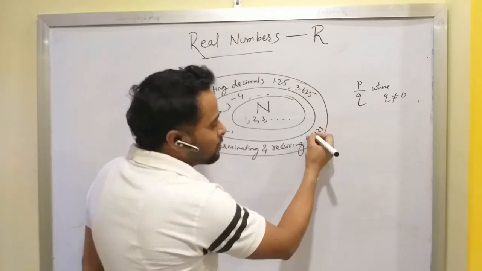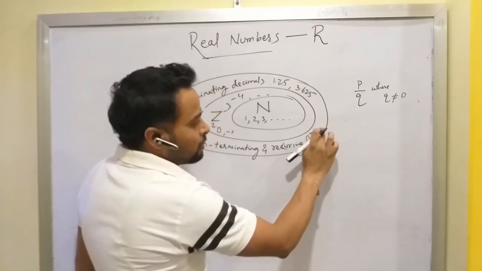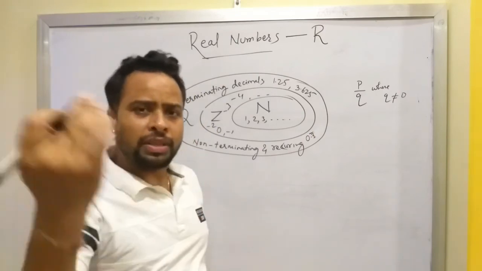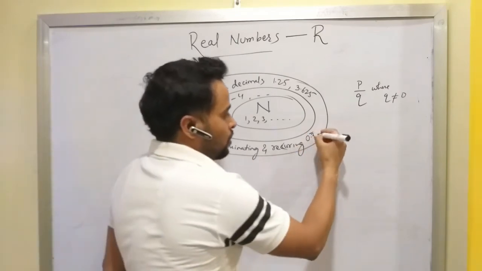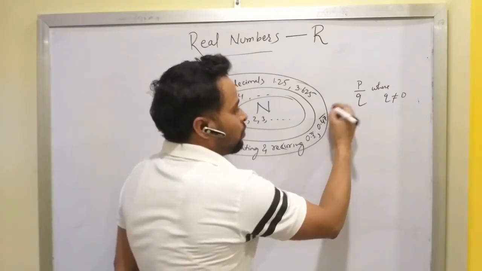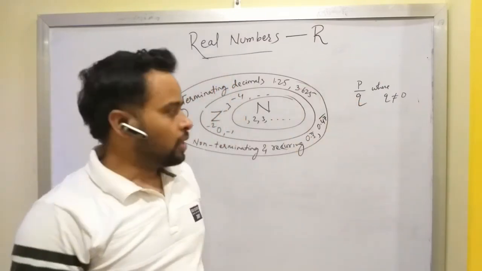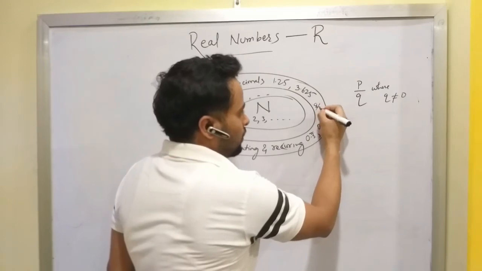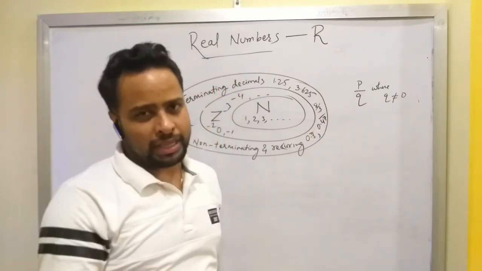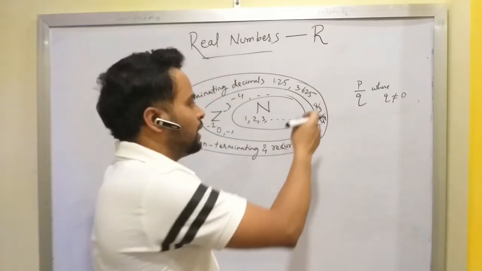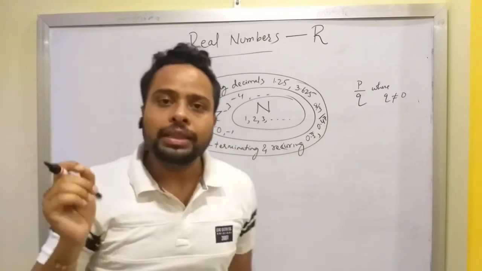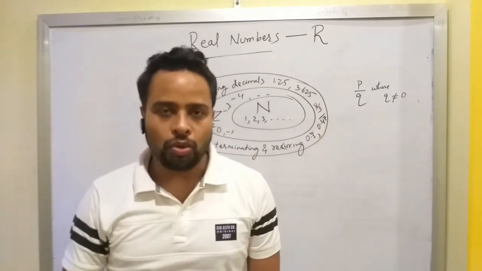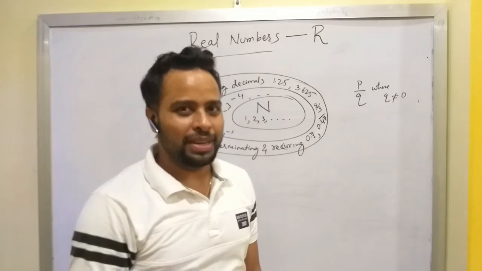So we used to write 3 bar, isn't it? 0.3 bar is 0.3333, continuously 3 comes, or 0.474747 comes. If you think of 8 by 3, 8 by 3 is 2.66666 continuously. These are recurring numbers, and they are also your real numbers.